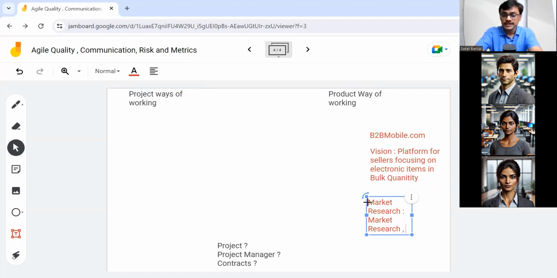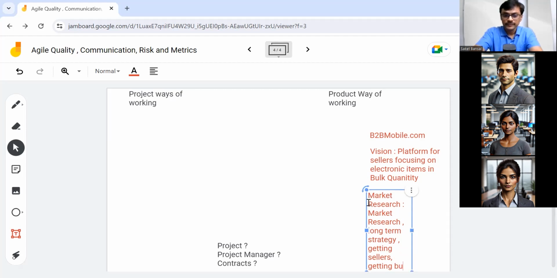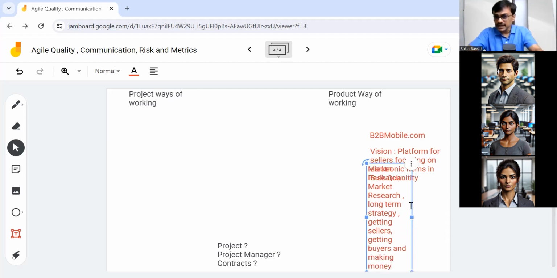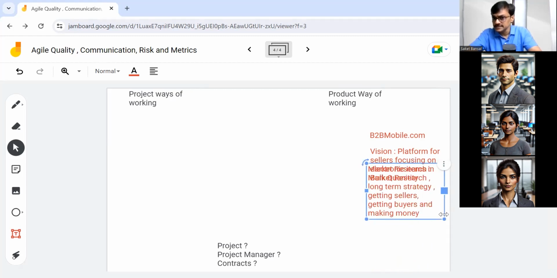They have a long-term strategy about getting sellers, getting buyers, and making money. So that kind of whole strategy is there.